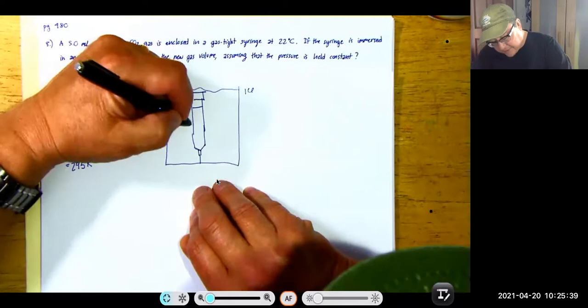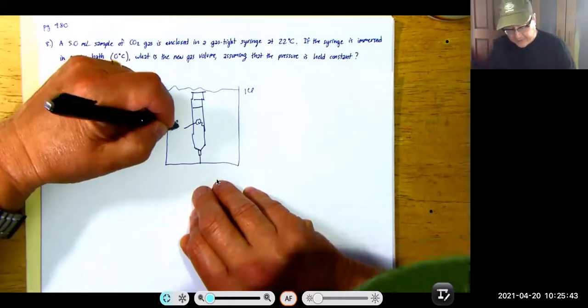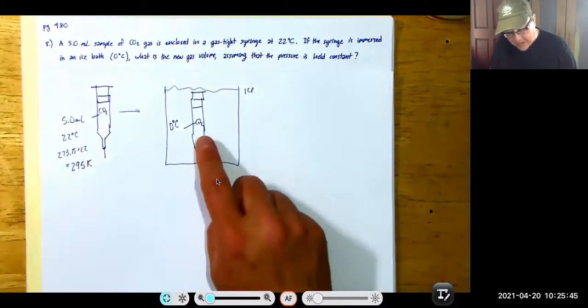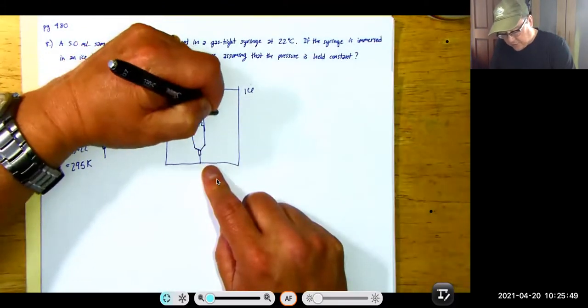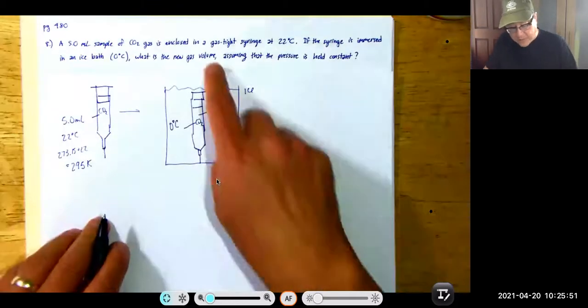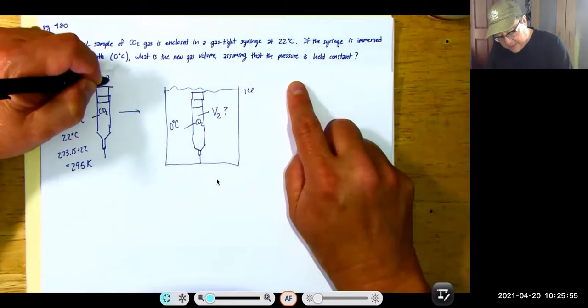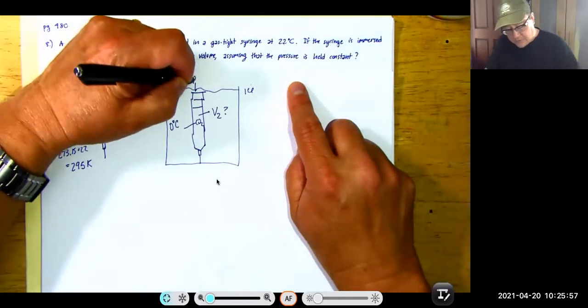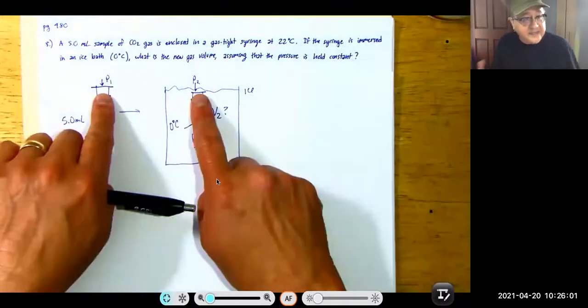And here we have the CO2 and it's 0 degrees Celsius. So the idea here is that the gas is now also 0 degrees Celsius. What is the volume, assuming that pressure is held constant? So here we have P1 and here we have P2, pressure pushing down on the syringe, and they stay the same.